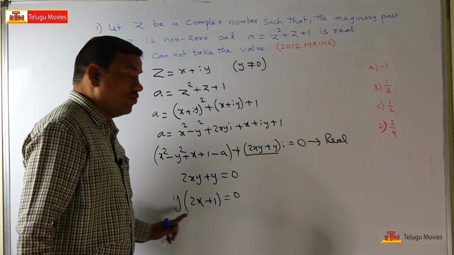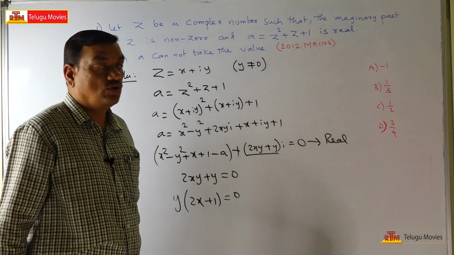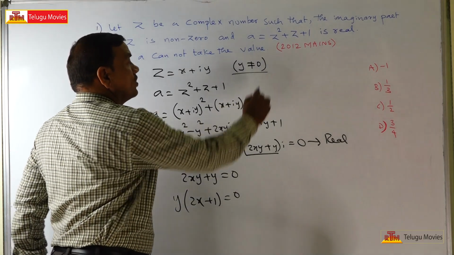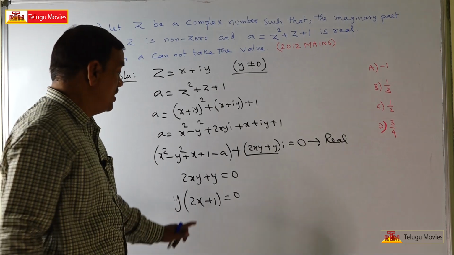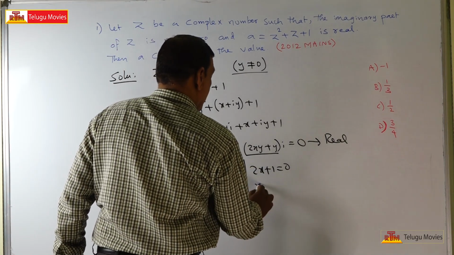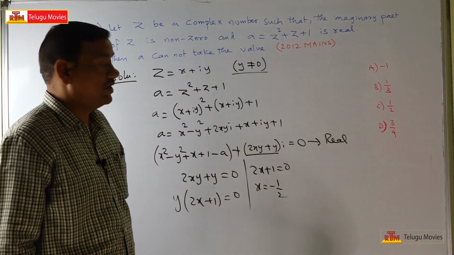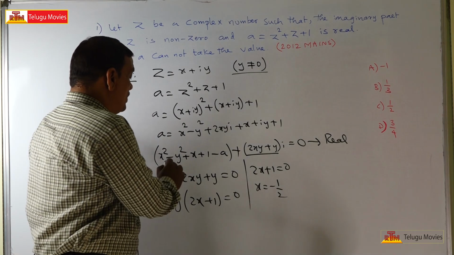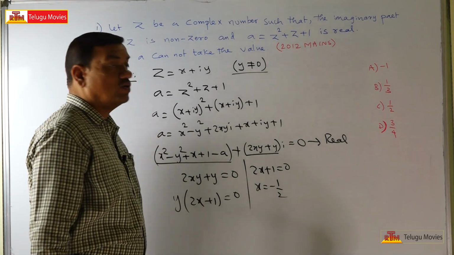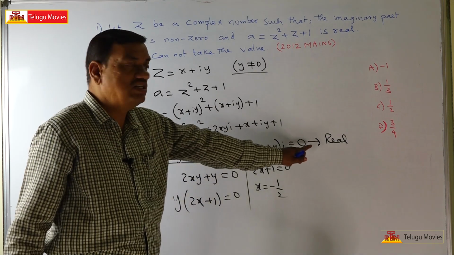The product of two factors is equal to 0, so either Y is equal to 0 or 2X plus 1 is equal to 0. Y cannot be equal to 0, already it is given. Therefore 2X plus 1 is equal to 0, X is equal to minus 1 by 2. Now if we substitute X is equal to minus 1 by 2 here, that means this part is also equal to 0.